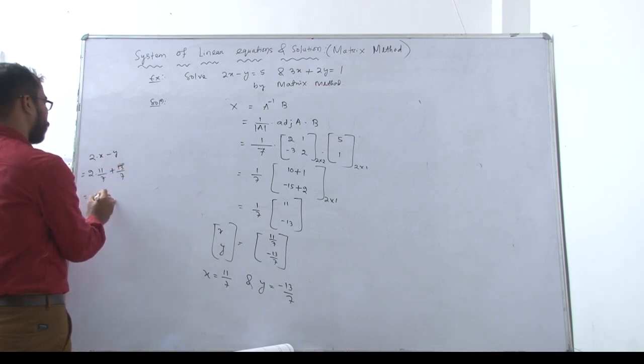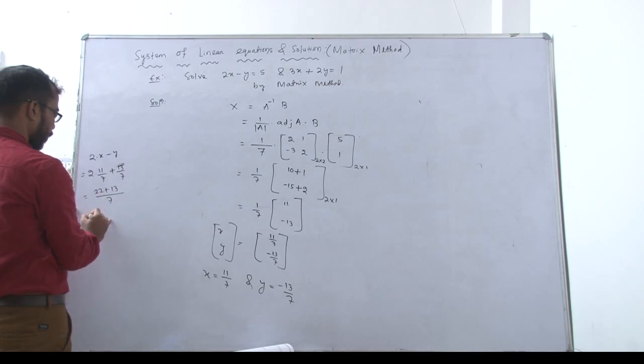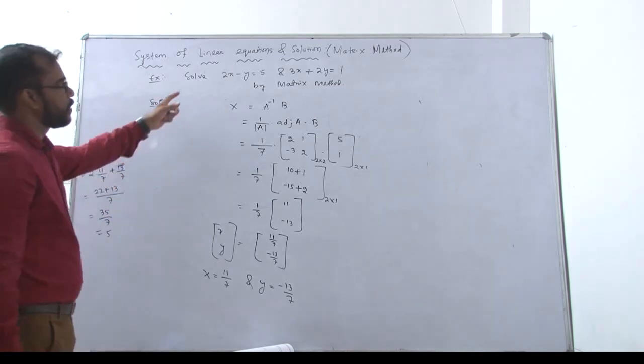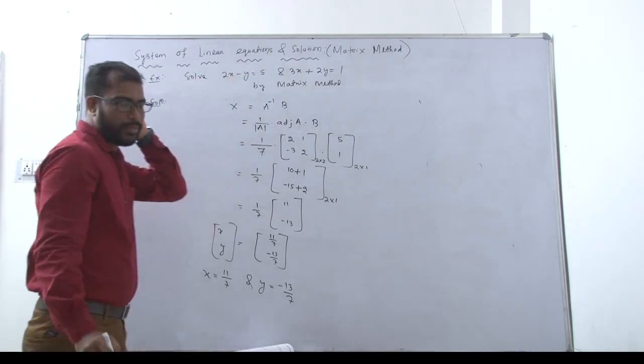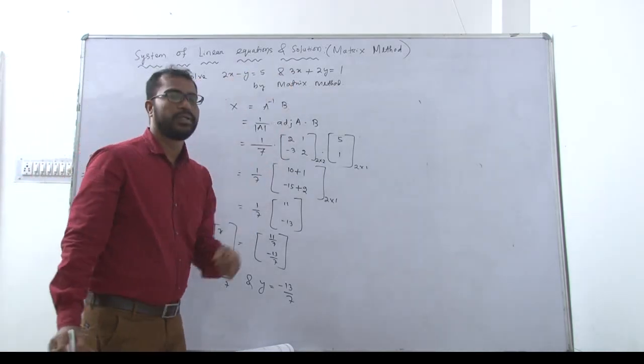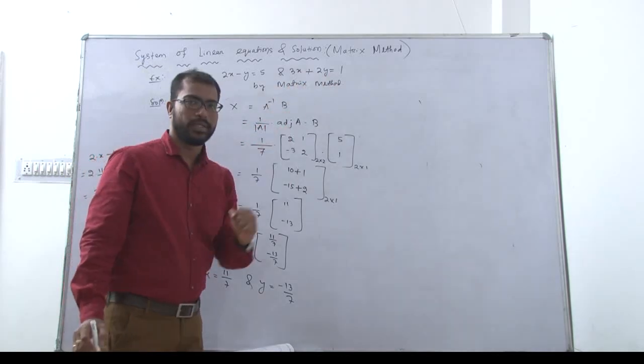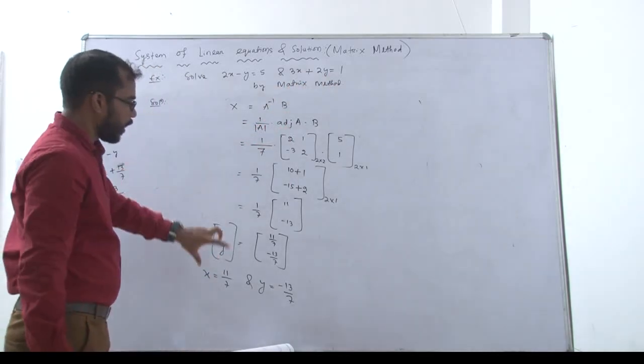So here the LCM is 7, 22 plus 13, that is 35 by 7, and you get 5. So here the value is also 5. Similarly, if we put the values in the second one, then we get 1. So this is the correct answer.